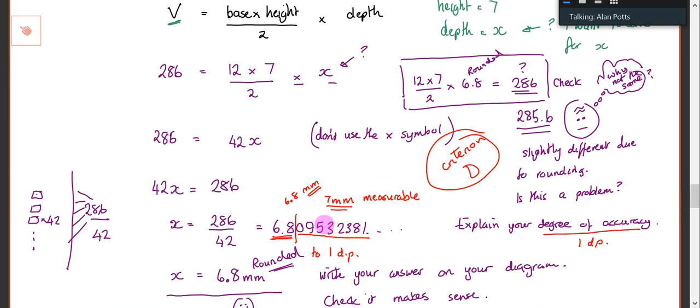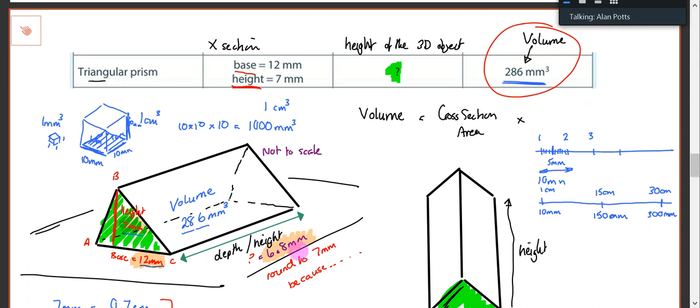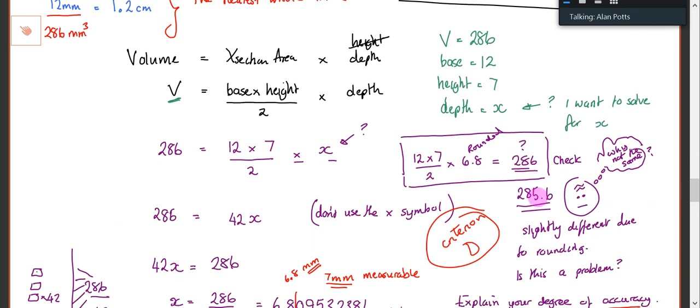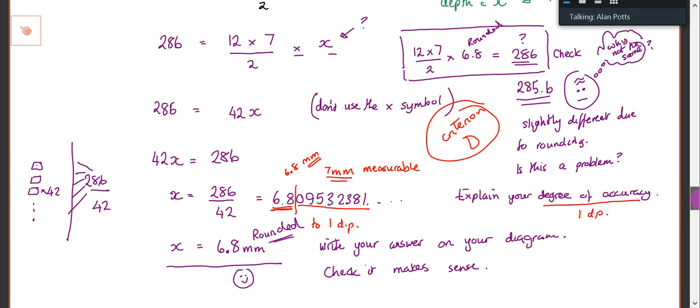Then, because we're talking criterion D stuff, we have to determine if that number makes sense. So we put it back into the diagram just to check that the numbers all make sense. You also did a check that the number gave you the right thing, and it didn't quite. It was slightly off, and we decided that was because of the rounding.